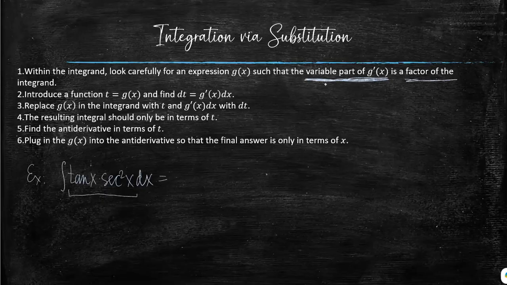In this case, it's impossible not to remember that the derivative of tangent is secant squared. So it looks like we did find a function whose variable part of the derivative is also a factor. Such a function is tangent x. And next we introduce a new function called, let's use the letter t.